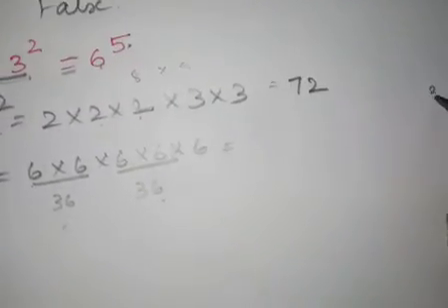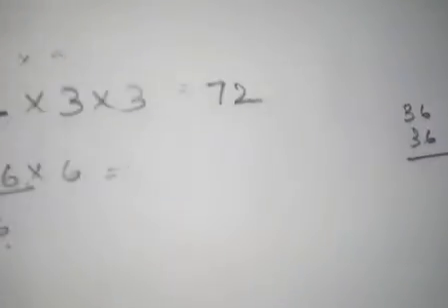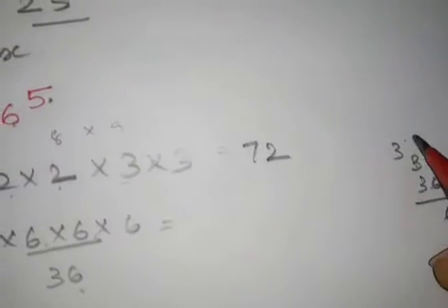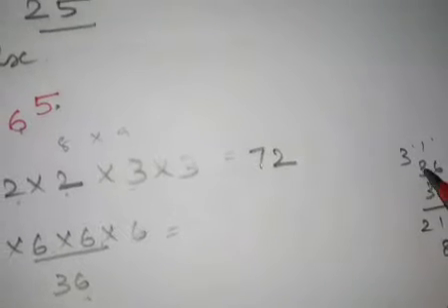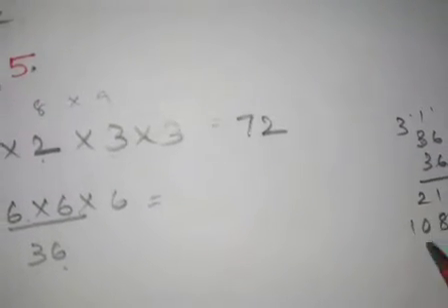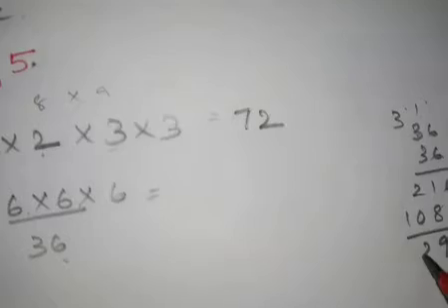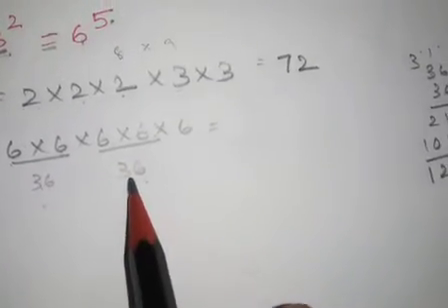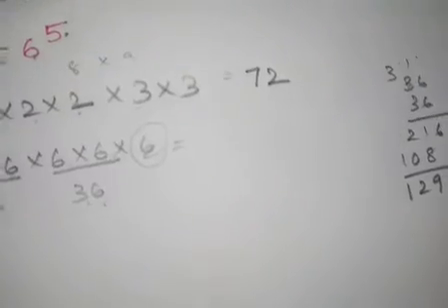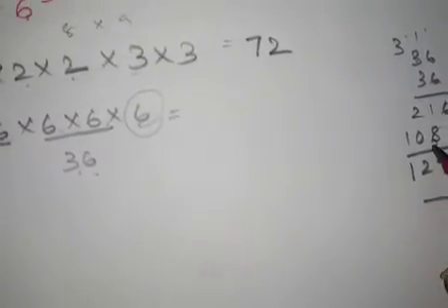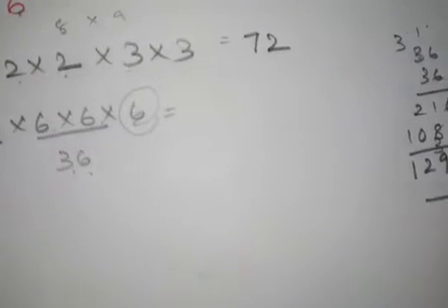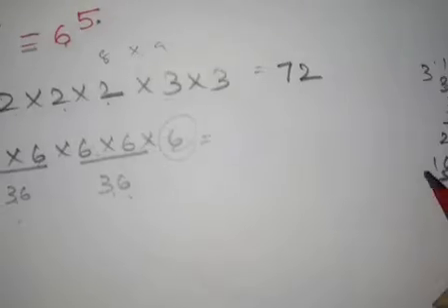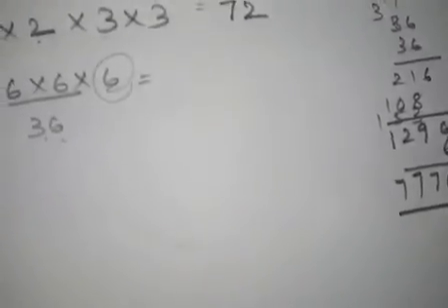Now 36 into 36, what is the answer? 6 6s are 36, 6 3s are 18, 3 3s are 9, and so on. One more 6 is there, into 6, 6 6s are 36, 9 6s are 54, and so on. 7776.